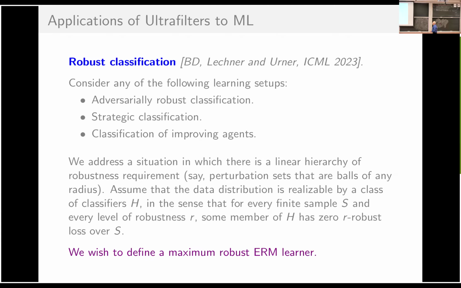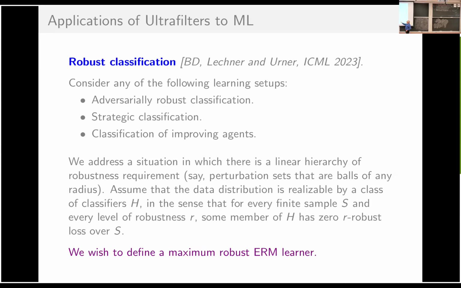In all of those situations, what you want to show is that there is a level of robustness, and you want the classifier to be robust to that level. So now we address a situation in which we have a linear hierarchy of robustness requirements. You get more and more robust, say perturbation sets that are balls of larger and larger radius, that you want to be protected against.